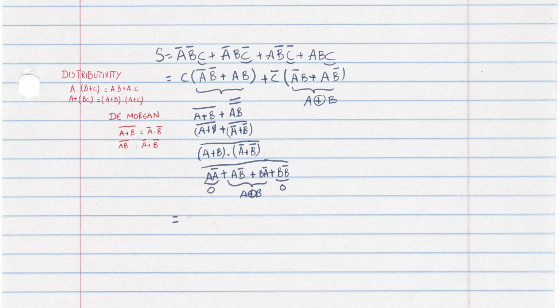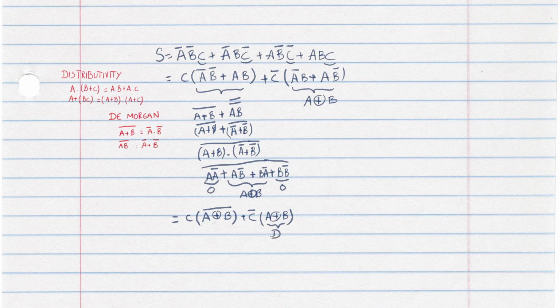Alright, so altogether we have C and (A XOR B), or not C and not (A XOR B). So what we can do here is write that A XOR B equals, let's call that, oh sorry, there's a negation, don't forget the whole negation, still a negation of that XOR.